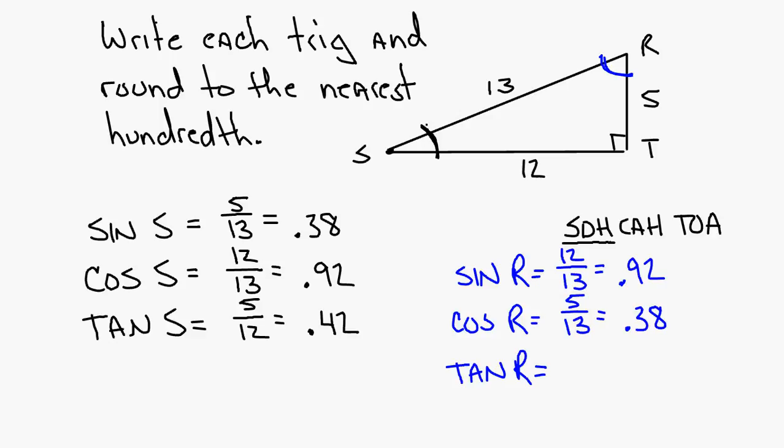So 12 over 5. And 12 divided by 5 is 2.4. And those are your sine, cosine, and tangent ratios for the two acute angles in a right triangle.